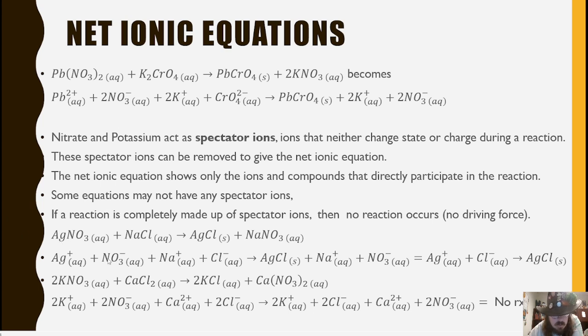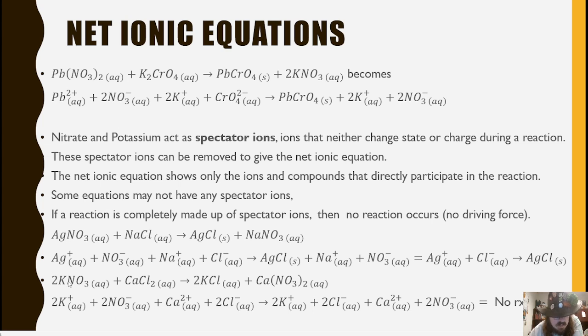Notice I already have the states of matter, which makes life a lot easier. You see one sodium and one nitrate cancel out. You're left with the reaction: silver and chloride ions form silver chloride solid.